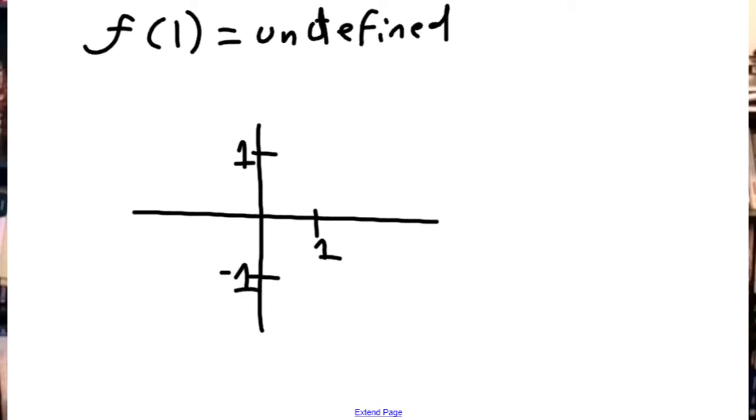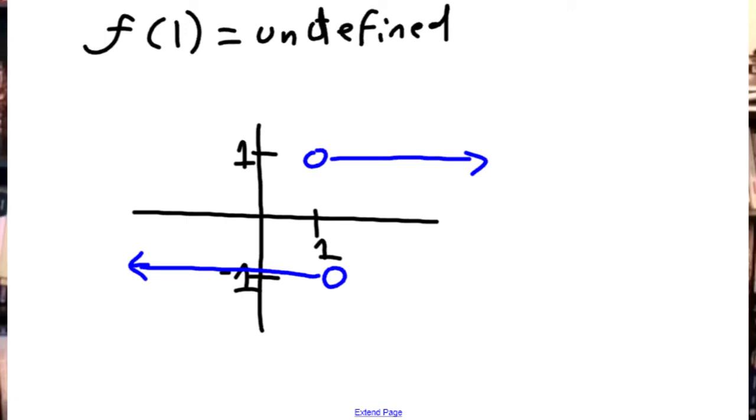All the numbers less than 1 gave us negative 1, so that's going to give us a horizontal line through negative 1 all the way till we get to 1, with an open circle at 1 because it's undefined there. Then for greater than 1, we get positive 1, so we get a line that looks like that. That's how the graph of that function looks.